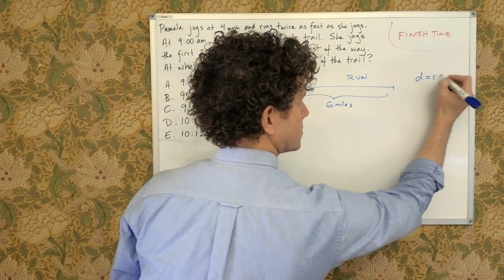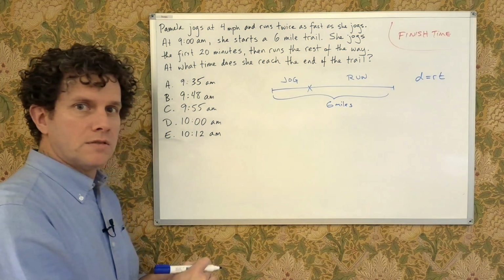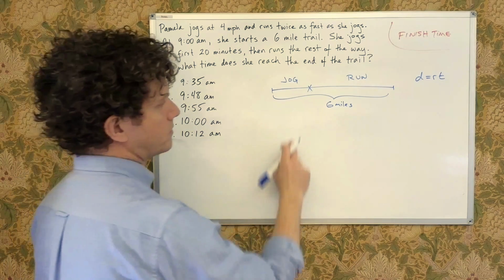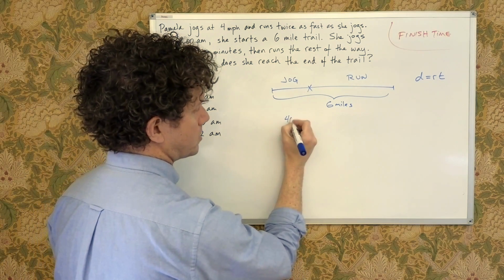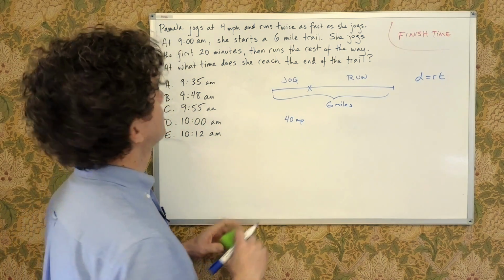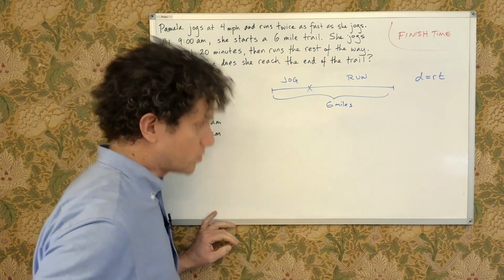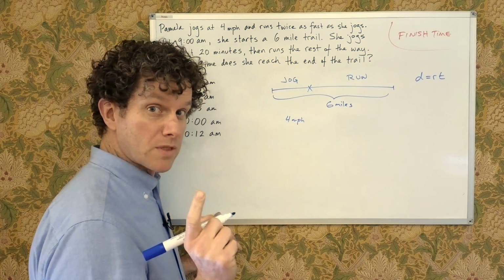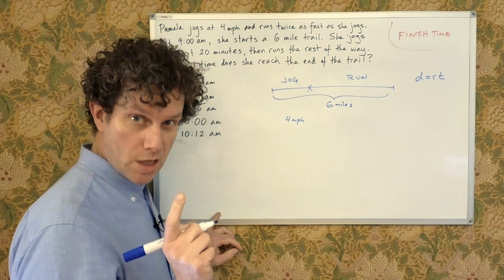Thinking in terms of our beloved dirt equation there, things we do know, things we don't. Over here, we know that she's going not 40 miles an hour. That is awfully fast. Pamela has rockets in her boots. She's moving at 4 miles per hour. You're allowed to make mistakes if you catch them.